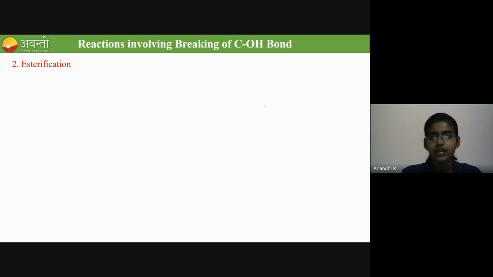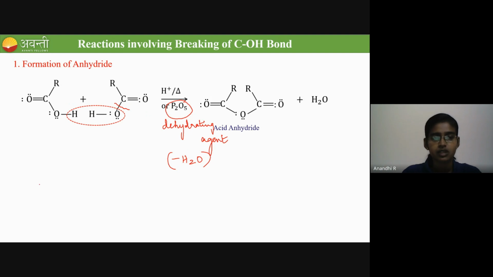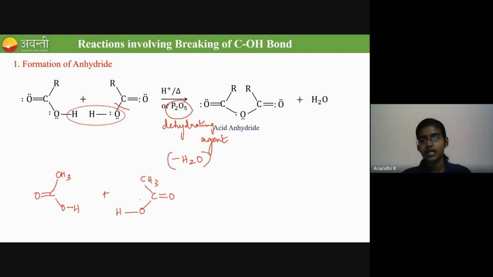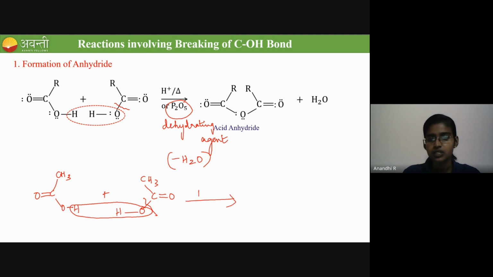If the R group is CH3, what is the name of the anhydride I'll get? If the R group is CH3, this is the first carboxylic acid, which is called ethanoic acid, and this is the second molecule of the carboxylic acid. From 1 molecule of carboxylic acid, the carbon-oxygen bond breaks, and we have to remove the water molecule in presence of acid or in presence of a dehydrating agent called P2O5.